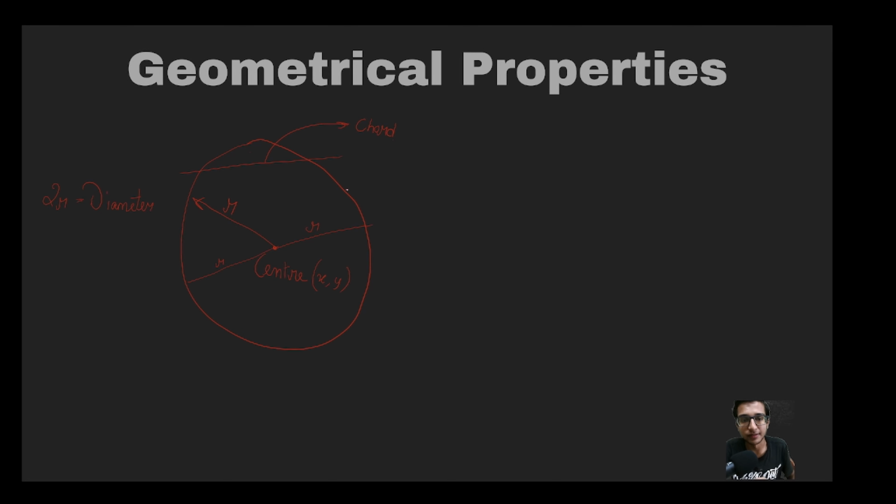So this is just a revision. Now let's say a circle is given and there is a line that just touches the circle at some point. Now what is this line known as? Tangent.